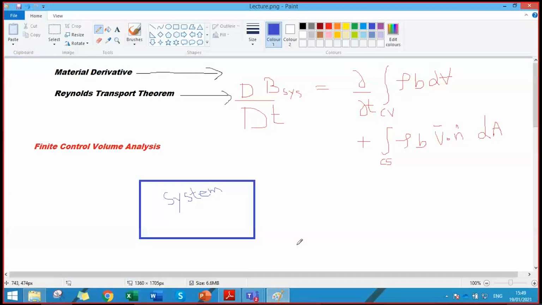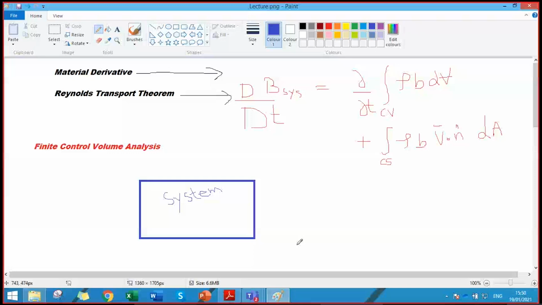Sir, it is fixed. So control volume can also be fixed. Sir, but after some time the control volume will move. No, it will not move. If it's a fixed control volume or a stationary body, the control volume will not move. What's the quality of a system we discussed in the last lecture?